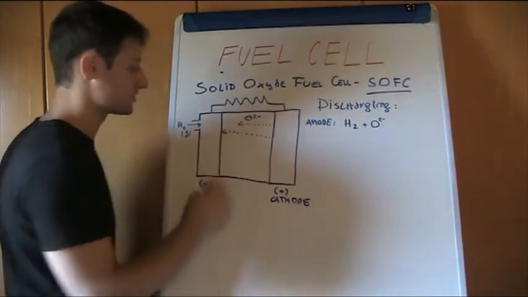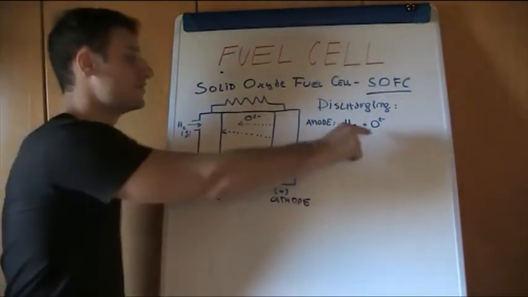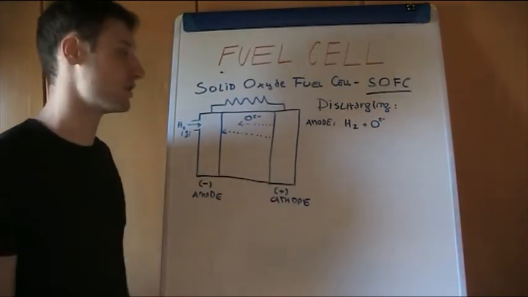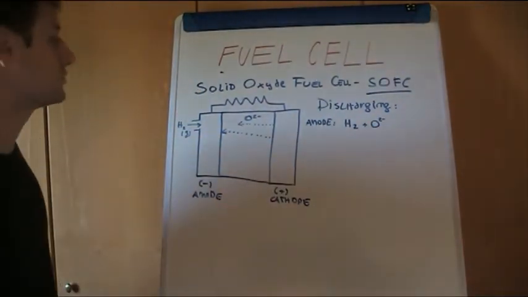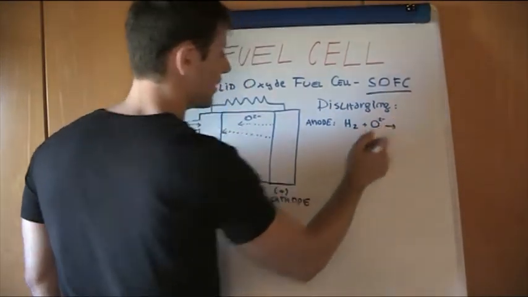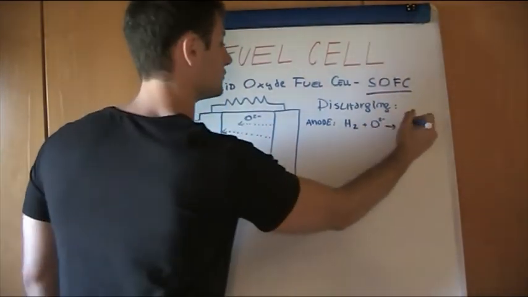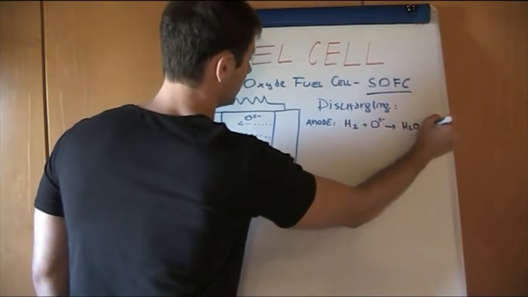We will see how it's possible to ensure the migration of these reduced oxygen atoms as O2- in order to have the oxidation and so the generation of water and 2 electrons.